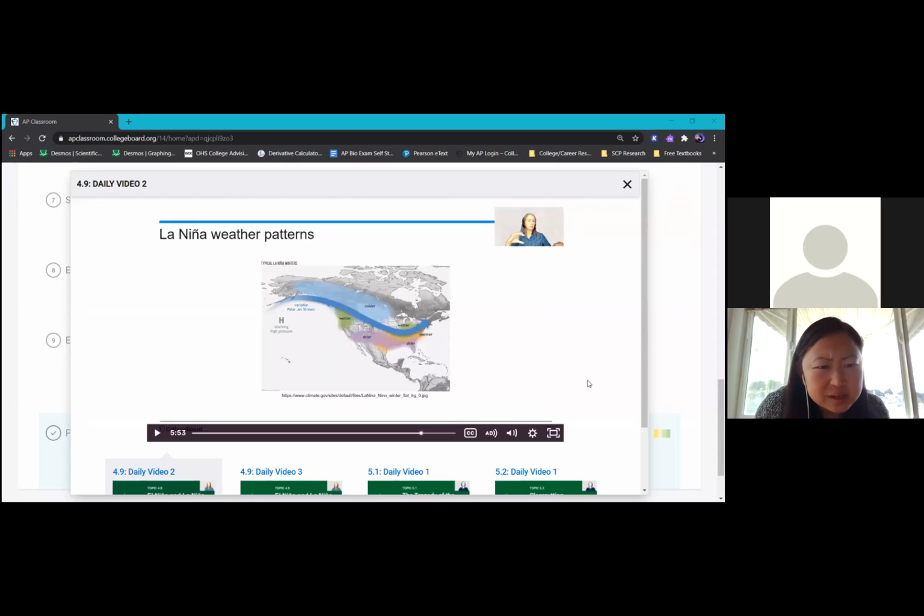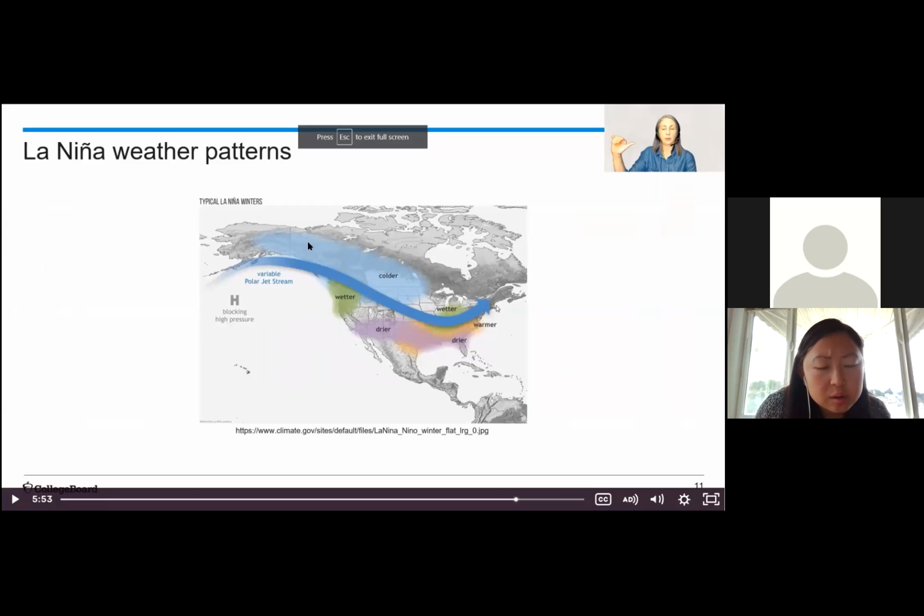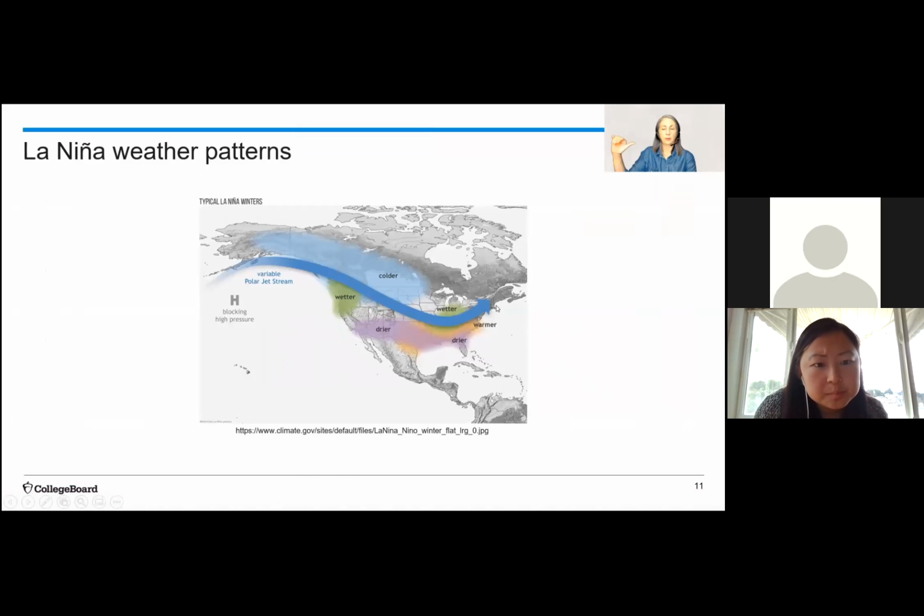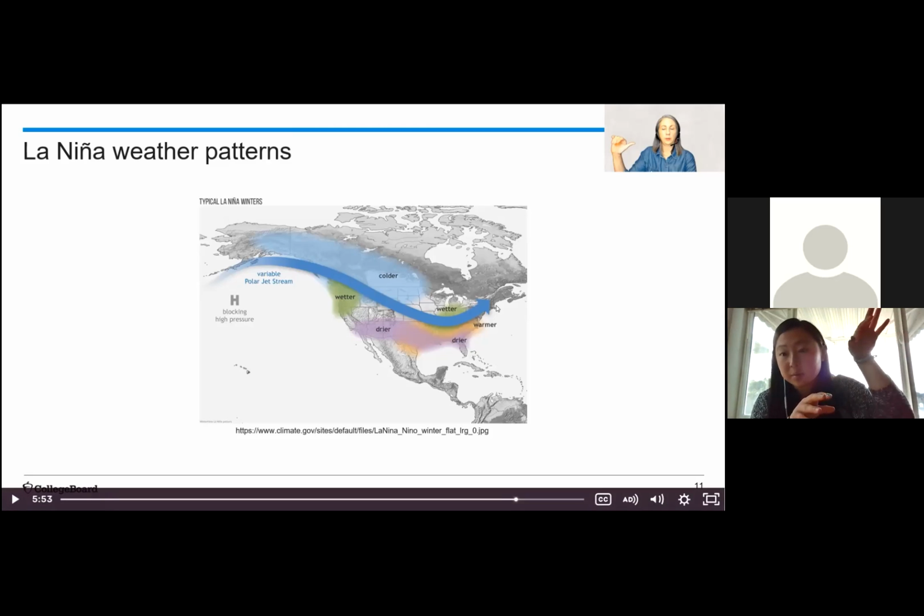La Nina weather patterns. Oh, this system? I know they talk a lot about the Pacific, and I was confused on why they were talking about it here. I think they're trying to say that in normal years, the Hadley cells stay pretty uniform and in their lane. But during El Nino and La Nina, the polar cell starts dipping downwards, and so the polar jet stream does as well.